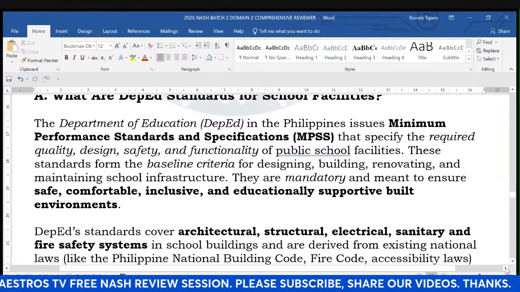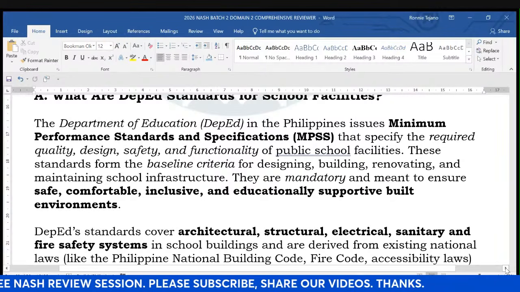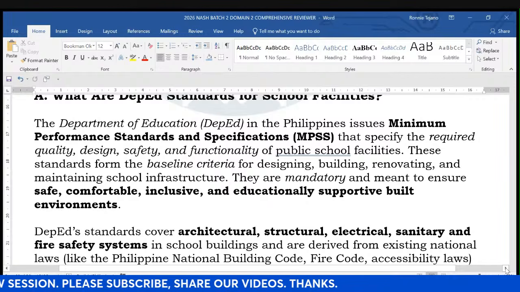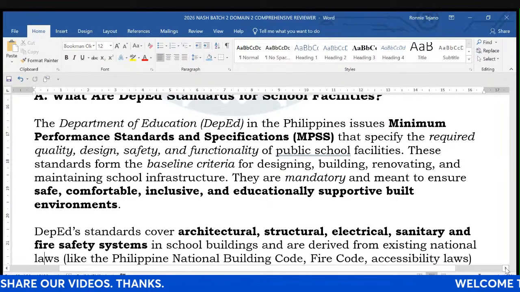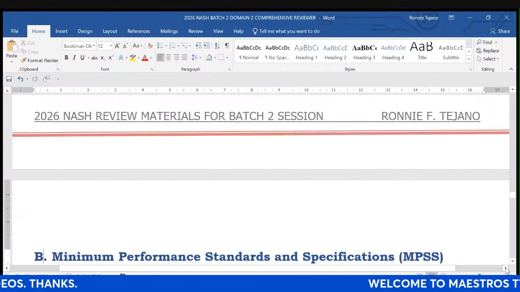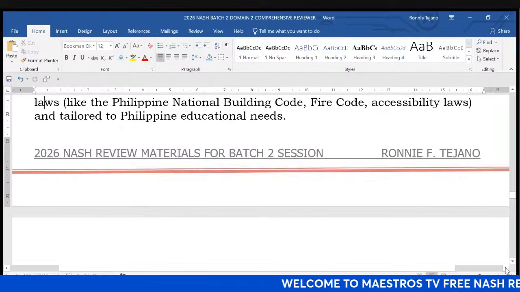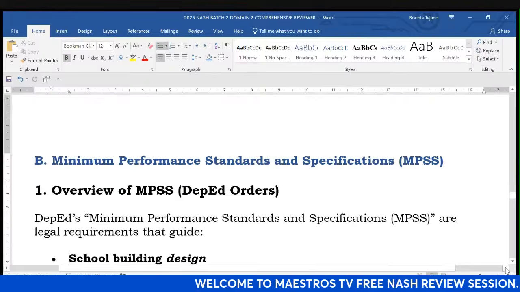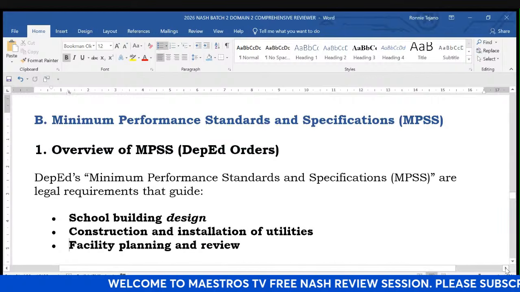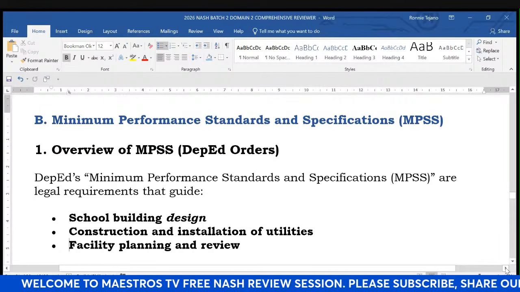And they are mandatory and meant to ensure that there is a safe, comfortable, inclusive, and educationally supportive built environment.